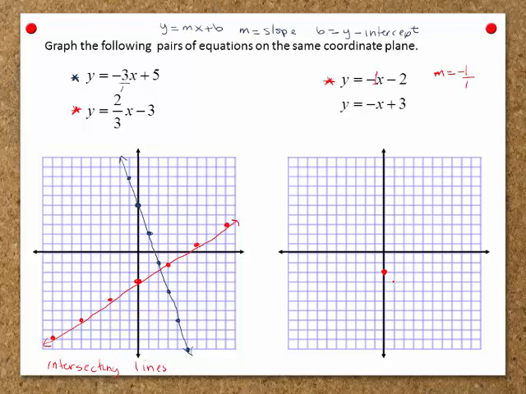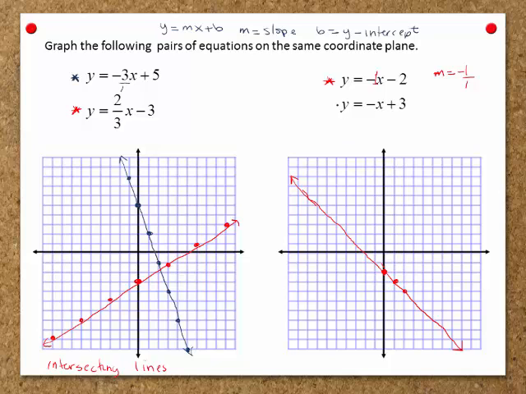So I'm going to go down 1 over 1. Because my slope is 1, I just follow the corners of the graph paper, trying to keep it as straight as possible. And that's this line.